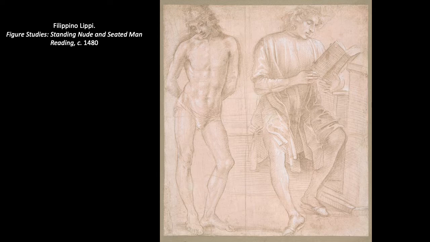The models that he used were probably apprentices in his workshop. That was pretty common. But you can see he's exploring the way the body would appear with clothing and without clothing, how the clothing would react to the bends of the body, things like that.